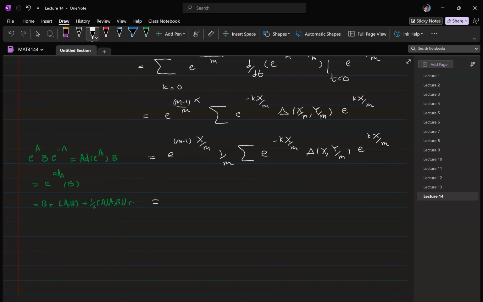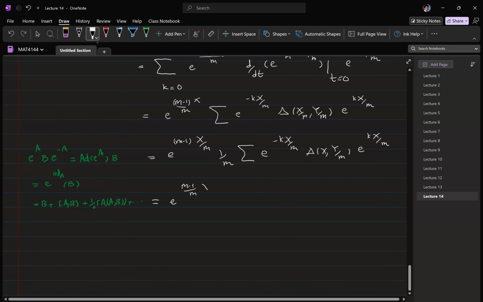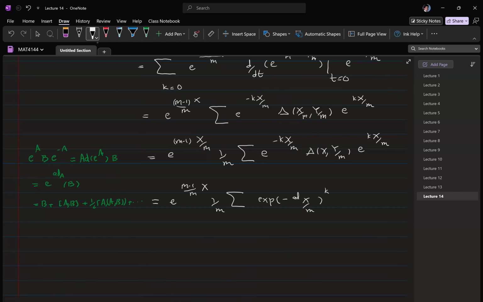So by using that, what I get is, well, the e to the m minus 1 over m x will survive, but the summation, so I have this 1 over m, and then I should write the exponential of minus add x over m to the power k. I could think about this as e to the k over m to the power k, right?